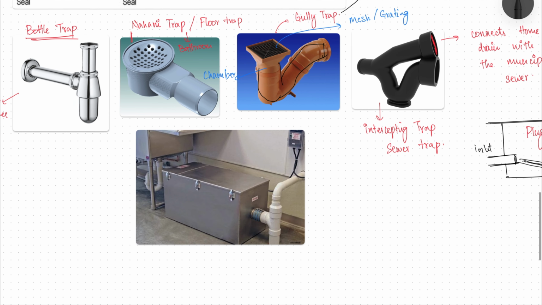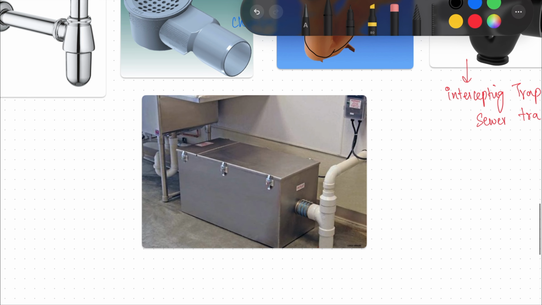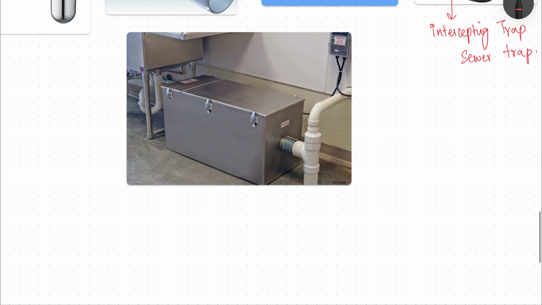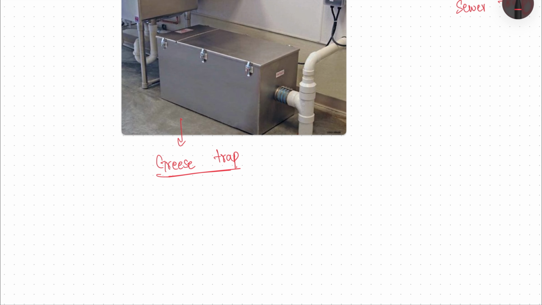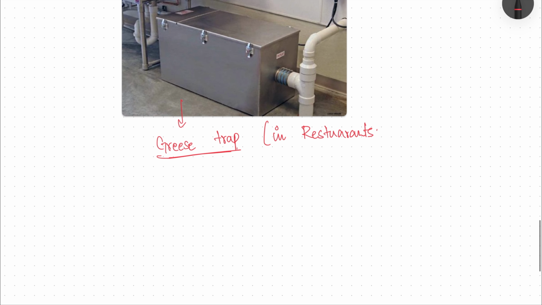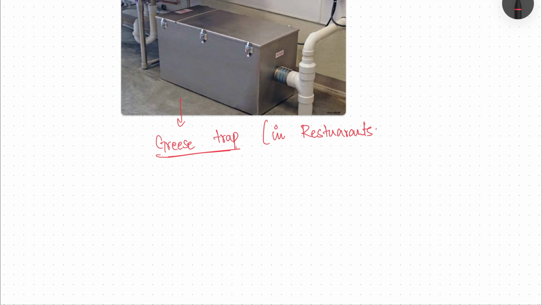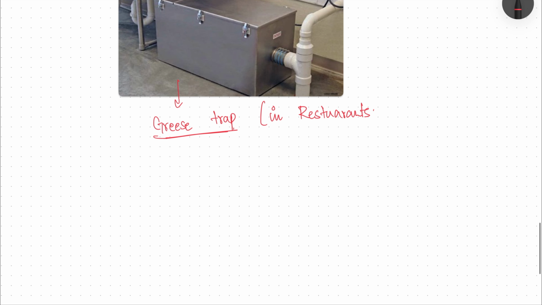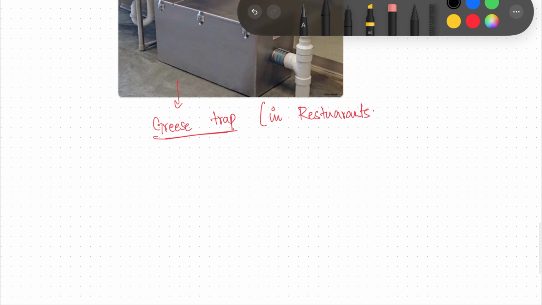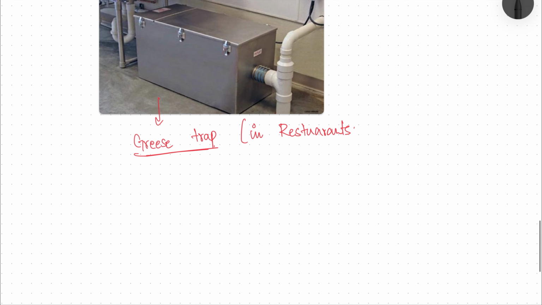Then you have a grease trap. Grease traps are generally used in restaurants, hostels, hotels, those kinds of places. You can see it looks like a mechanical box, and the mechanism works very similar to a septic tank. So within the grease trap, this is basically a rectangular box.